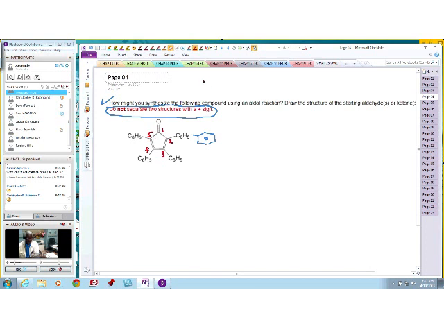Carbons 2 and 5. Excellent. So therefore, which carbons will be your electrophilic carbons? Number 3 and 4. Excellent. Very good. If you say that, that means we have to cleave right here, right? Okay, so let us see, what do we get? From the top part of the molecule, we say we have this.